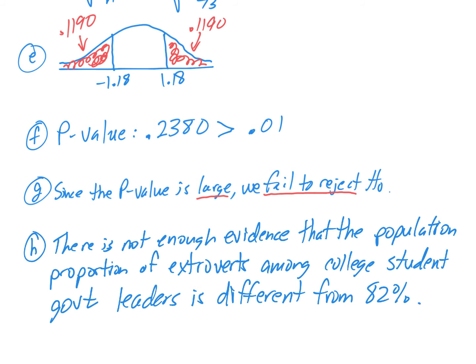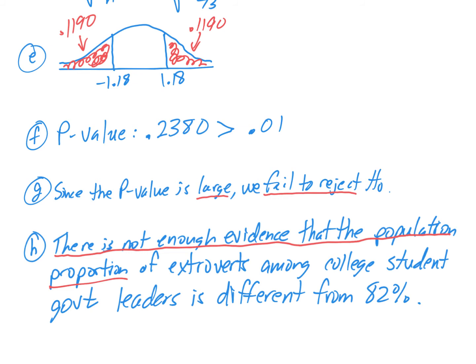So, what words do you need to memorize? There is not enough evidence that the population proportion. Guys, remember on the ones we just did? It dealt with mu, and after those words you talked about the average, because that's what mu was.